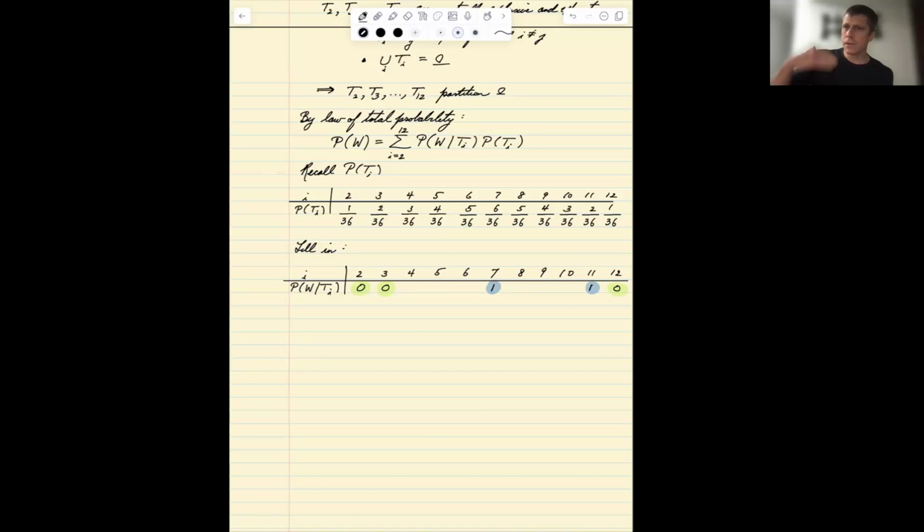So the first roll was a 4. And now we're pretty much entering a new game. And the game is, okay, 4 is a special number. It's the point. And now what we want to do is roll and see, essentially what we're asking is, what's the probability we roll a 4 before we roll the next 7?